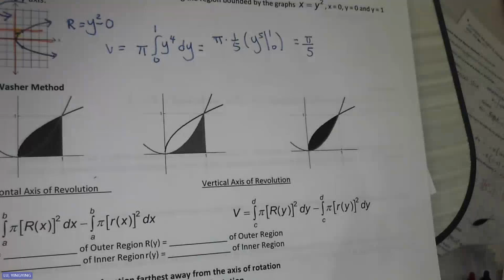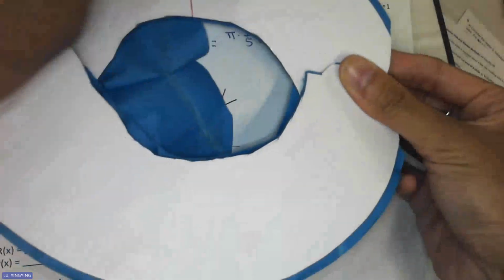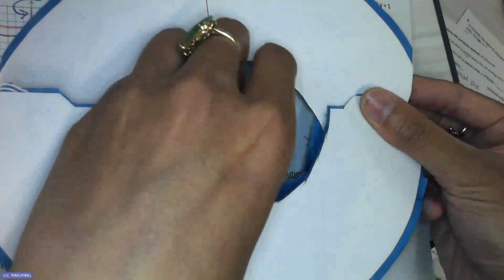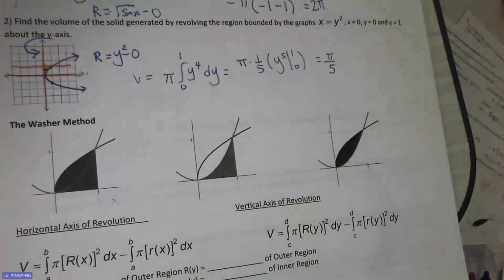Outside minus inside. Yeah, the big circle subtract the small circle. We don't want to eat the seed. We want to eat everything else, right? So that is the volume formula for washer.